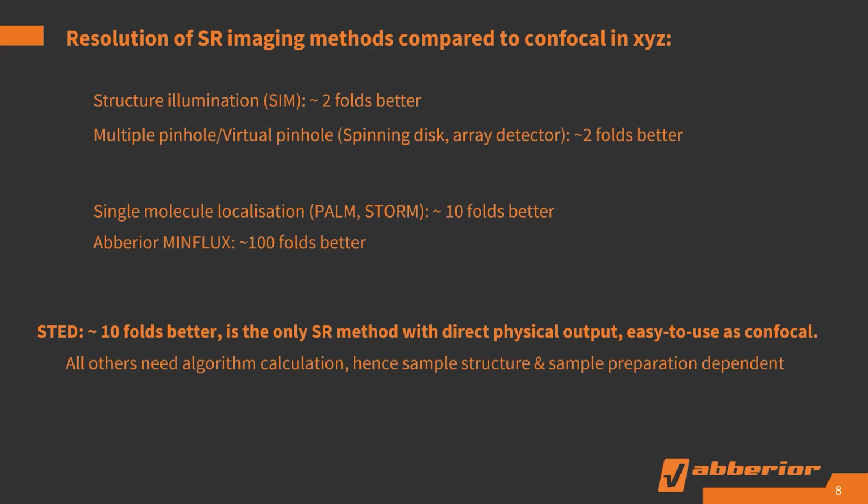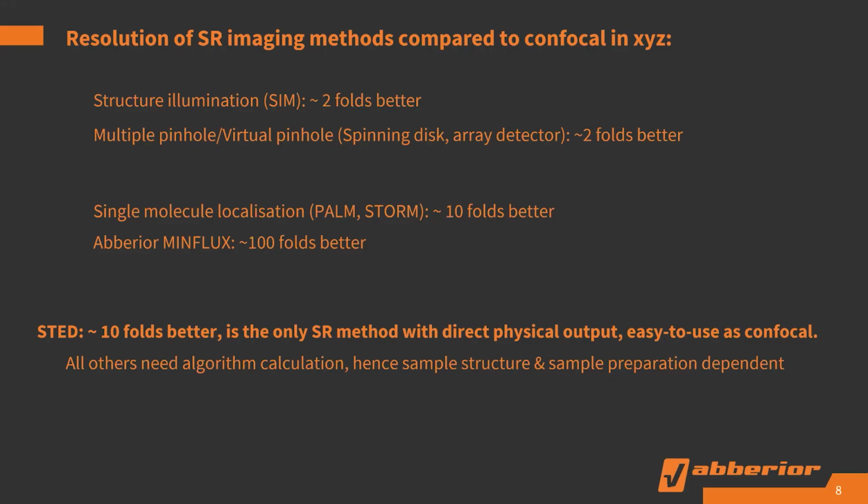Now we have 3 super resolution or high resolution categories. The first one is structure related, either at the illumination side or at the detection side. Structured illumination, SIM, or at the detection side like spinning disk and array detector.